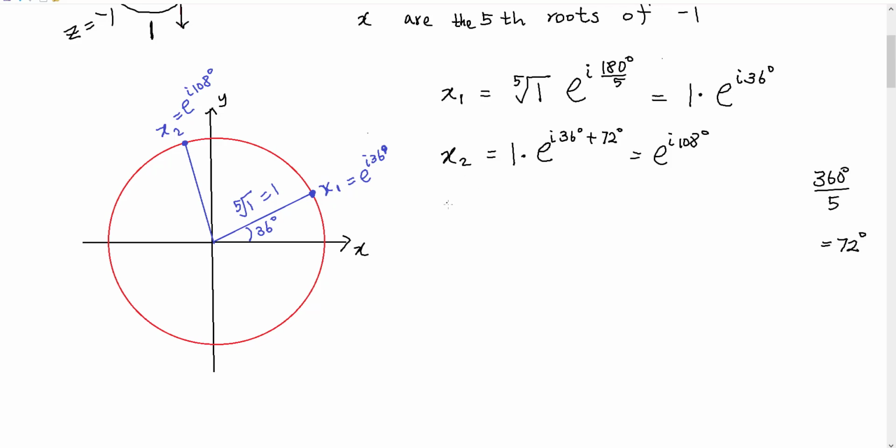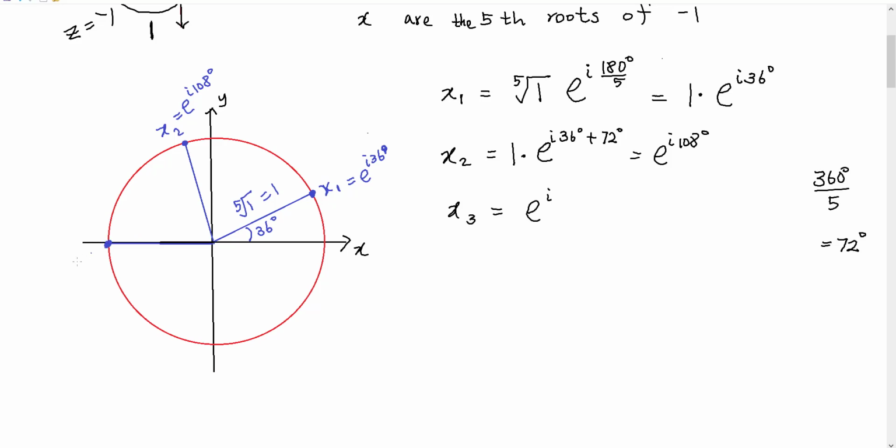Now the next one is x3. The fifth root of 1 is still 1, and the angle is 108 plus 72, which of course is 180 degrees. So that means the next point, the complex number negative 1 itself, is a root.